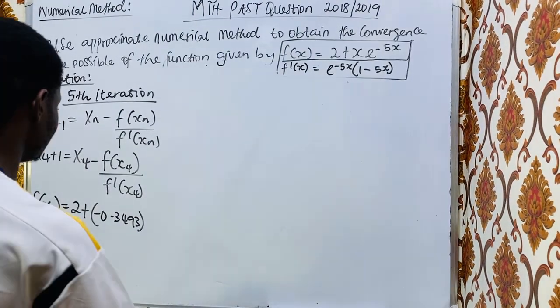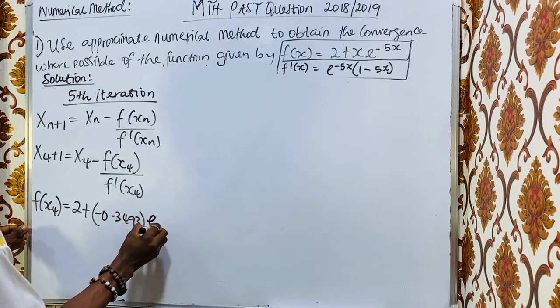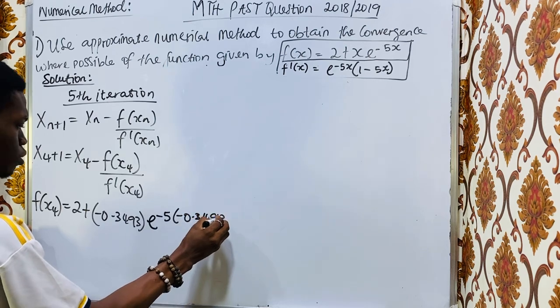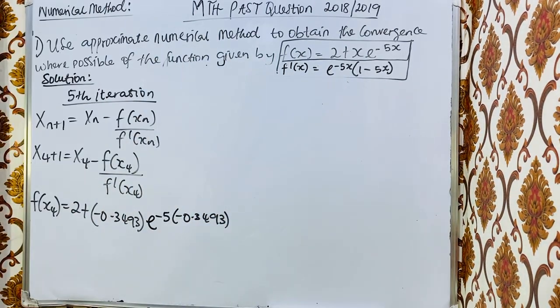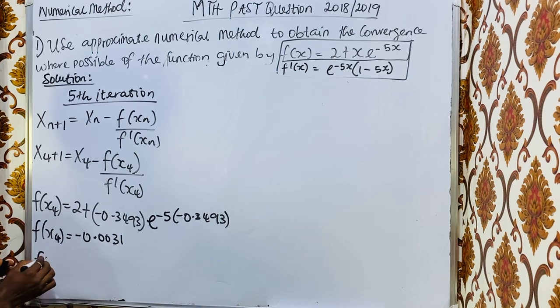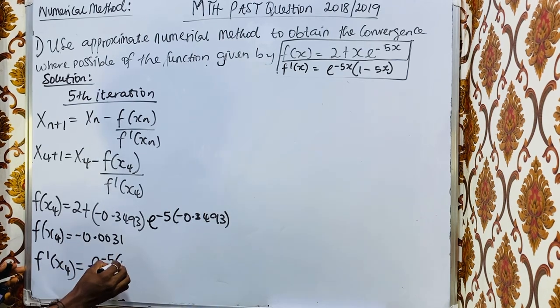So let's punch it in our calculator. If you do it well, you are going to get this. So this is the value we are going to get. So now let's look for f prime of x4. It will be using this one, exponential of negative 5 times negative 0.0031.